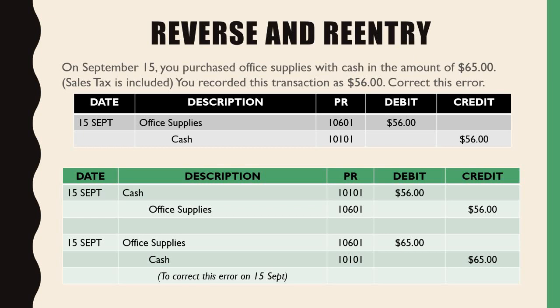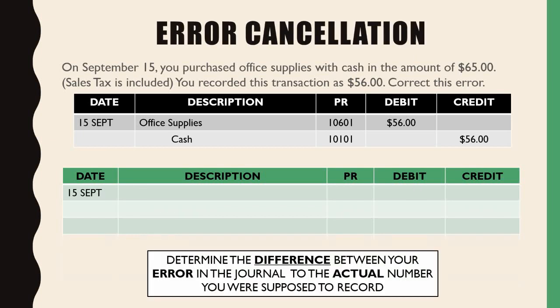Now, for those of you who have been doing bookkeeping for a long time, error cancellation might be much easier for you to understand. However, this also can cause potential mistakes, because you might accidentally place an amount in the wrong account when you're trying to fix this error.